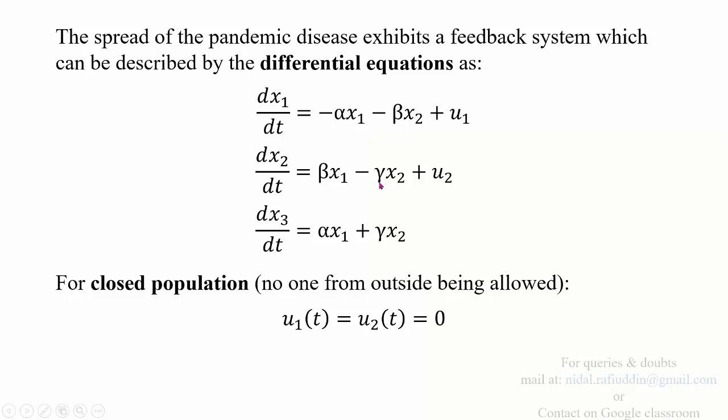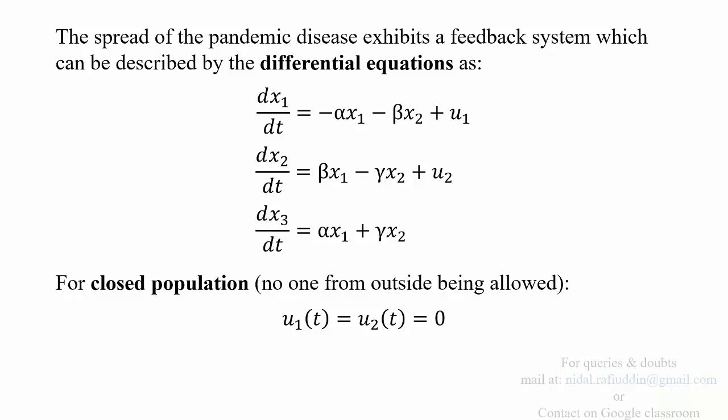We'll come to the alpha, beta, and gamma terms when we study Unit 3, and we'll try to model this system mathematically and draw the graphs using MATLAB. We'll see how the spread can be minimized or brought to an equilibrium or rest, or what conditions can cause the epidemic or pandemic to go large.